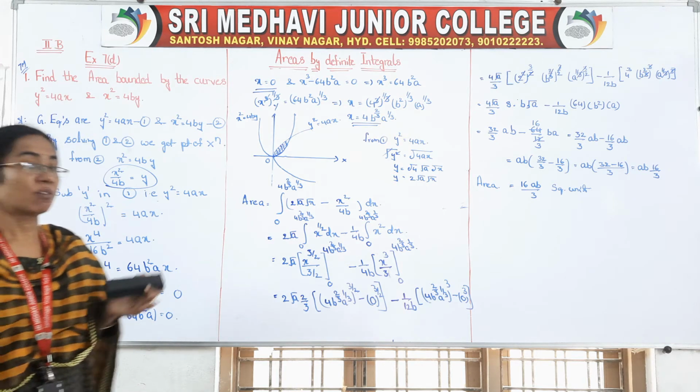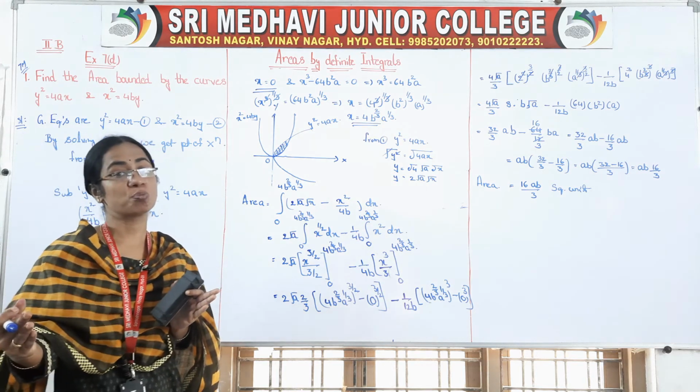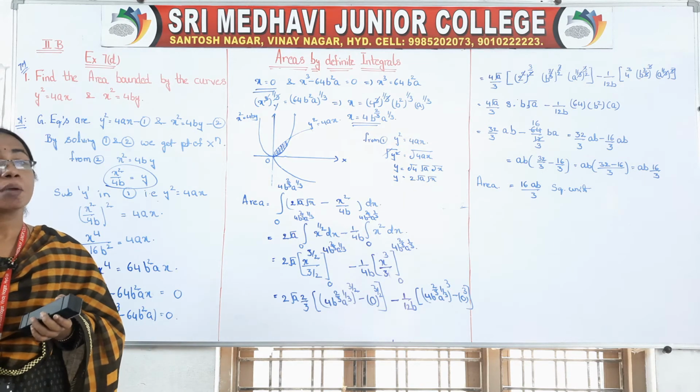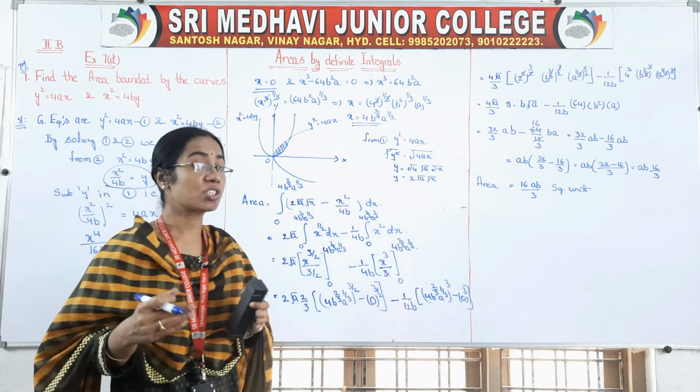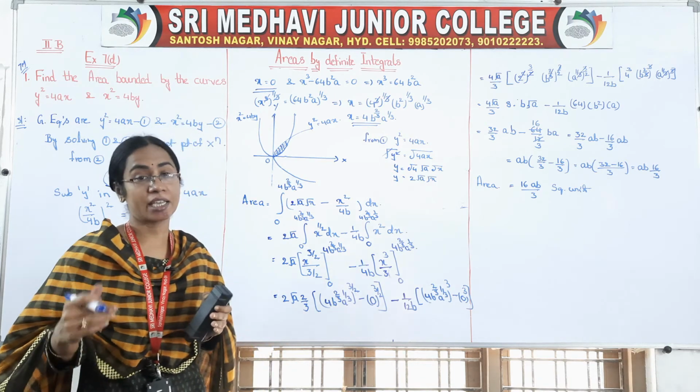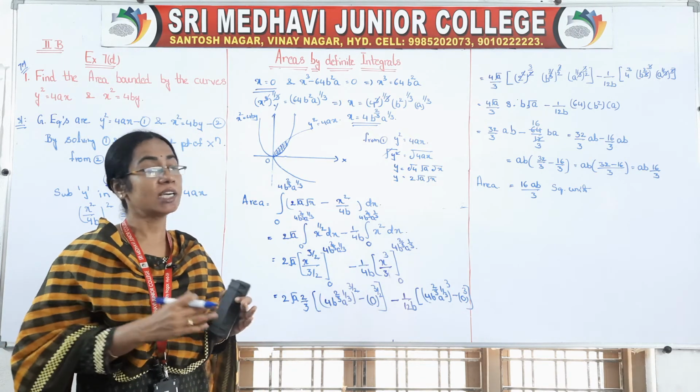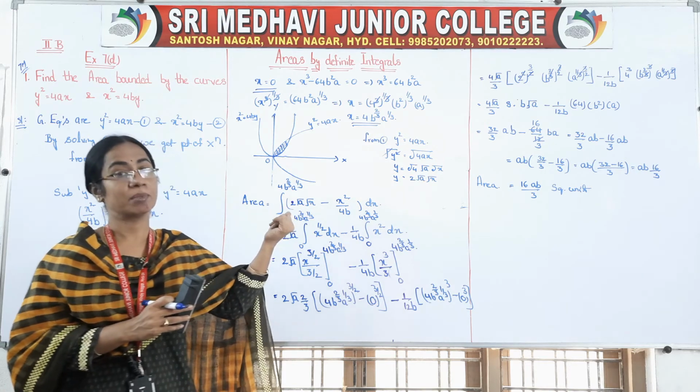Once we know from which point to which point, we can take the area, but we should know which curve comes upwards in the area and which curve comes downwards in the area. To know that, we have to draw the diagram, right.